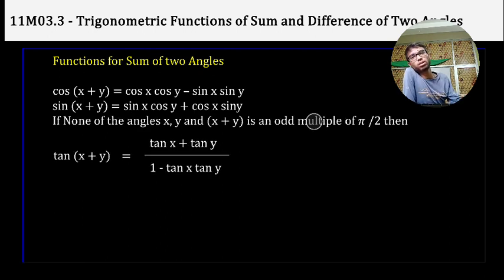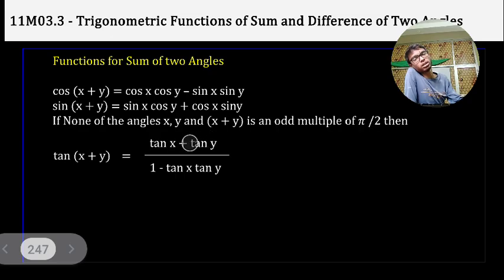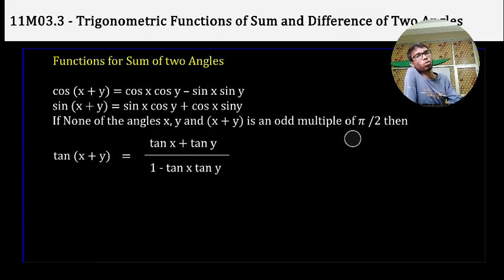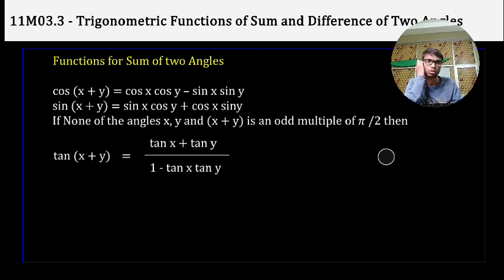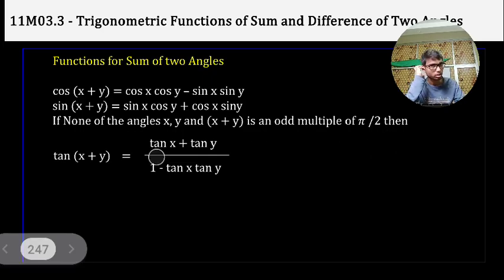Next, if none of the angles x, y and x plus y is an odd multiple of pi upon 2, then tan(x plus y) will give us tan x plus tan y, upon 1 minus tan x into tan y.